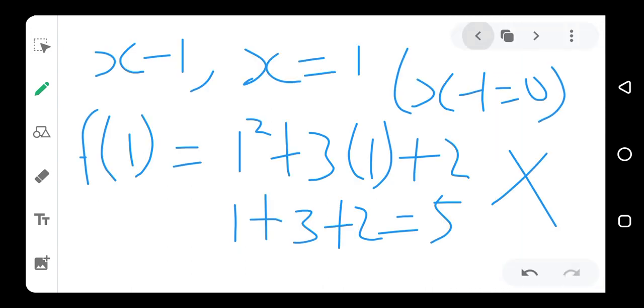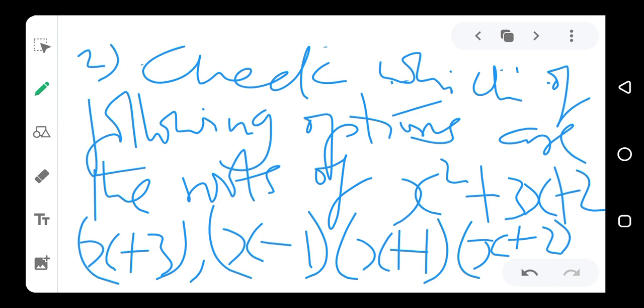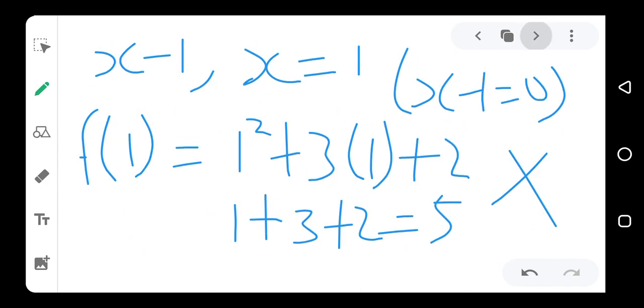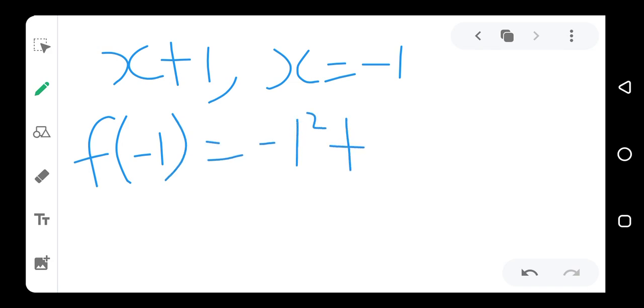The third one is x plus 1. So for x plus 1, we now know that x is equal to minus 1. And that means that function of minus 1 is equal to minus 1 squared plus 3 bracket minus 1 plus 2.